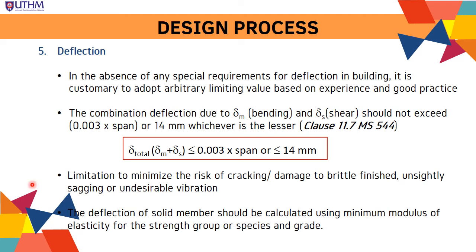The last criterion we should check is timber beam deflection. The deflection of a timber beam is due to bending and shear. In general, total deflection due to bending and shear should be less than 0.003 times the beam span or 14 mm, whichever is lesser. The limitation is to minimize the risk of cracking, damage to brittle finish, unsightly sagging or undesirable vibration.